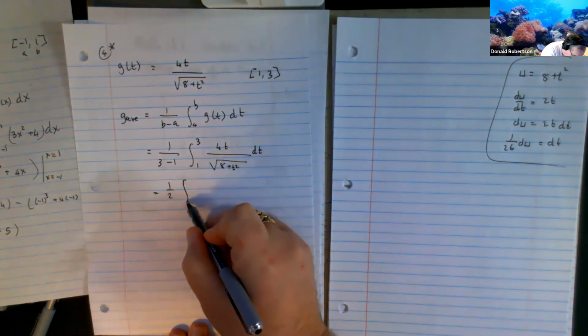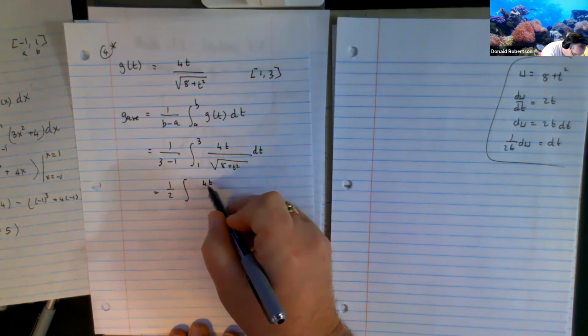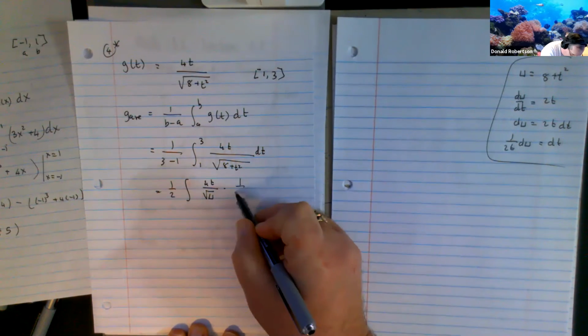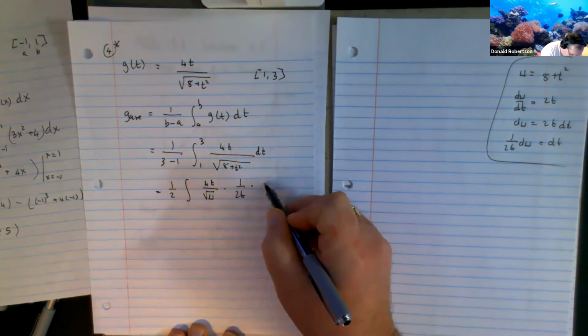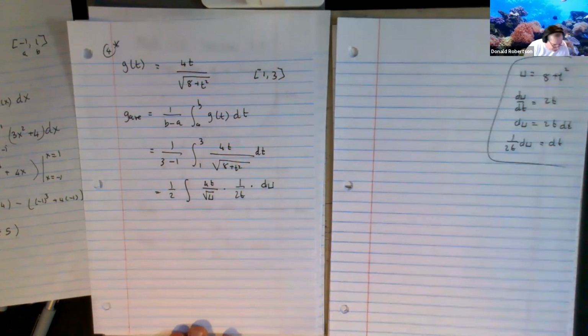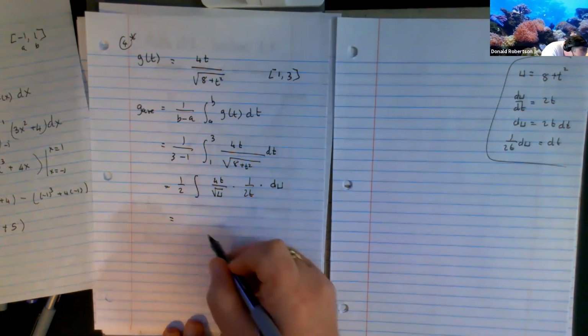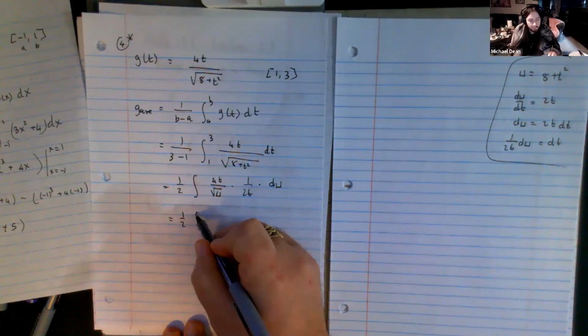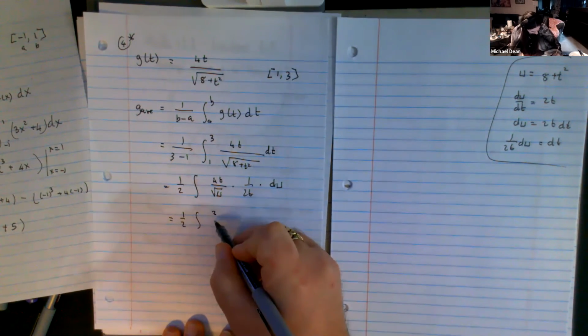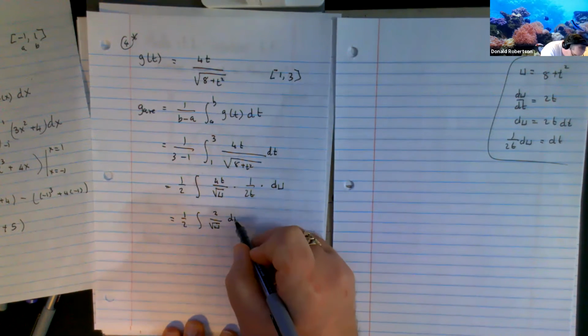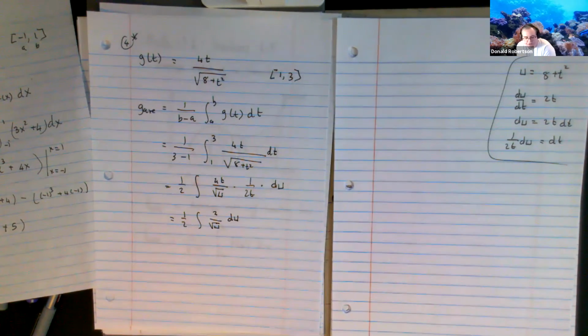It's going to be the integral of 4t square root of u, 1 over 2t du. Cancel out the 2's and the t's, and you've got 1/2 the integral of 2 over the square root of u du. It's looking much nicer.